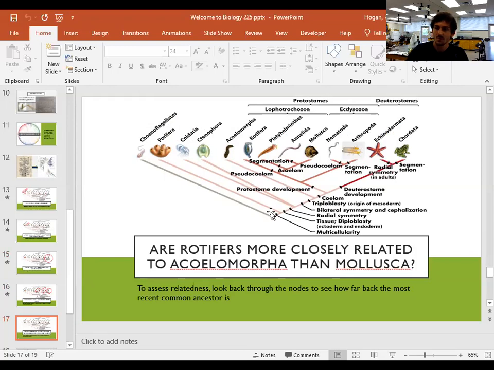If you want to know the difference between Porifera and Annelida, you have 1, 2, 3, 4, 5, 6, 7, 8 differences. So technically, by count of common ancestors, the chordates are more closely related to Annelids than Porifera is.